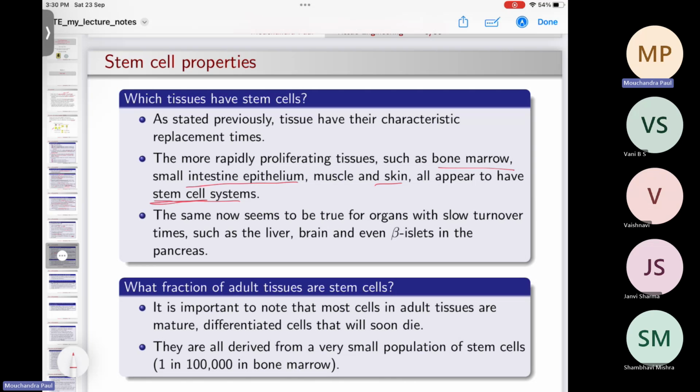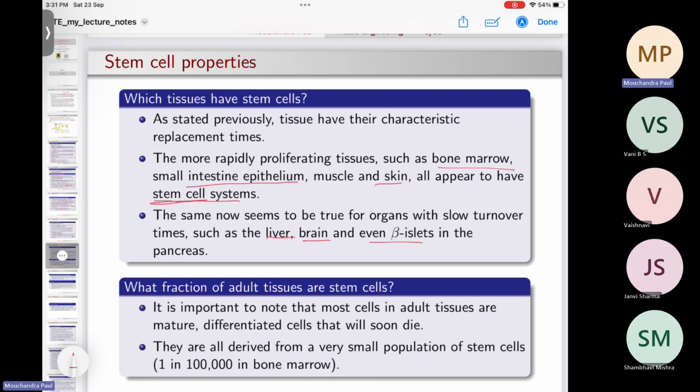Turnover means the rate at which the old is discarded and the new is formed. That rate is very slow. So even in those organs, people have found a very small population of stem cells exists, like in liver, brain, and even the beta islet cells in the pancreas. But the turnover is very small.